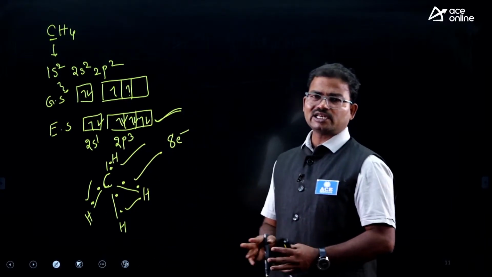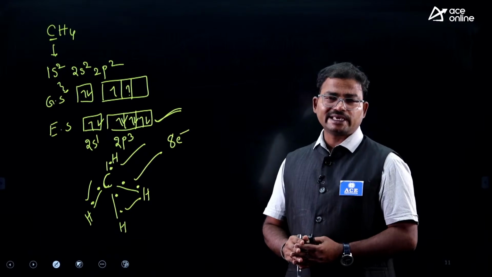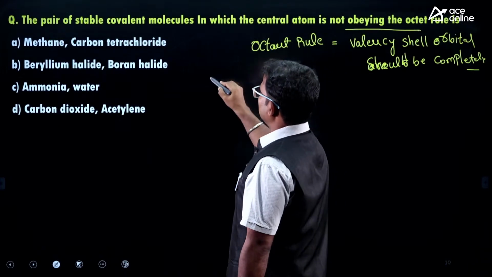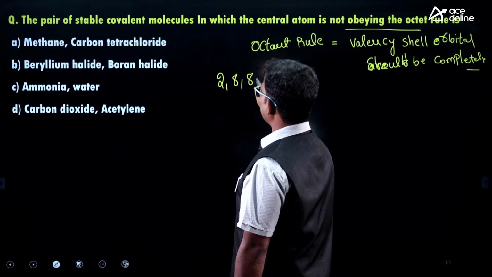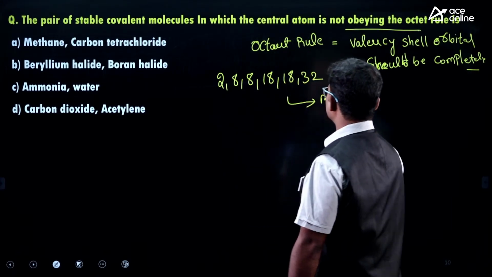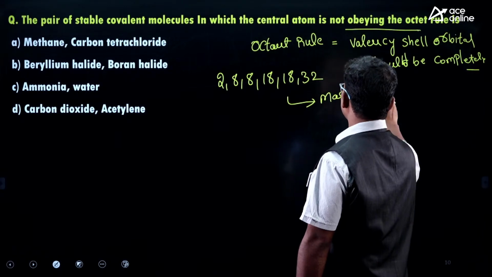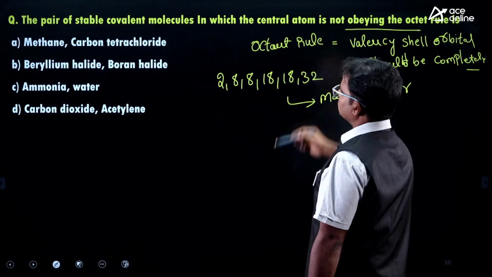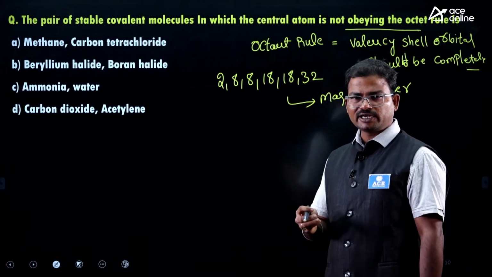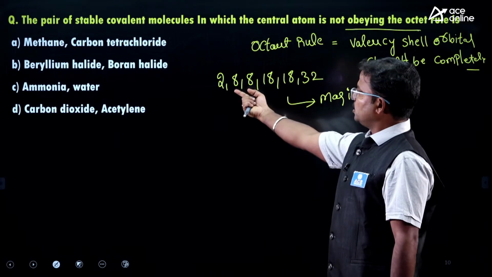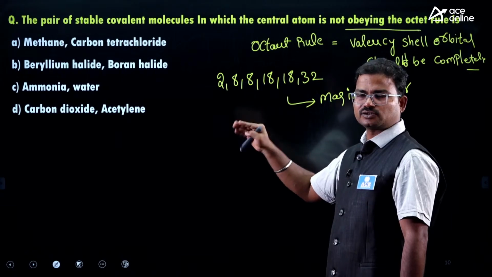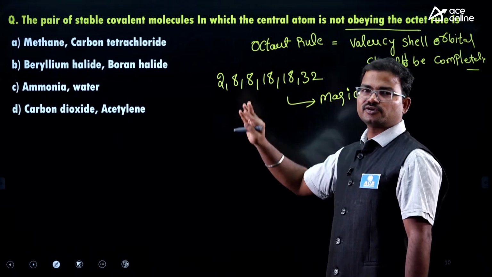Okay, if the valency shell maintains 8 electrons or 18 electrons, or 2, 8, 8, 18, 18, 32, these are considered as magic numbers. Suppose if you consider any molecule, if the central metal maintains this number of electrons, either 2 or 8 or 18 or 32, whatever it is, then its stability would be very high.